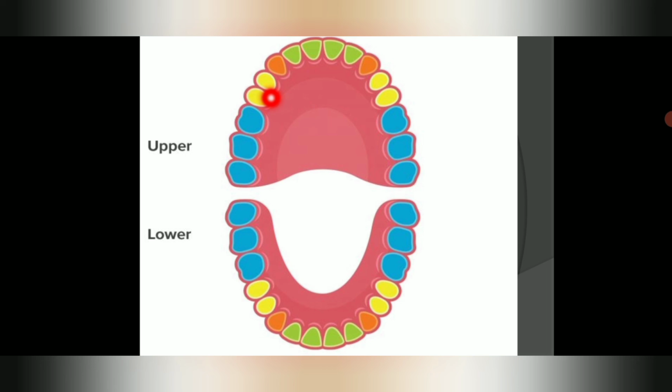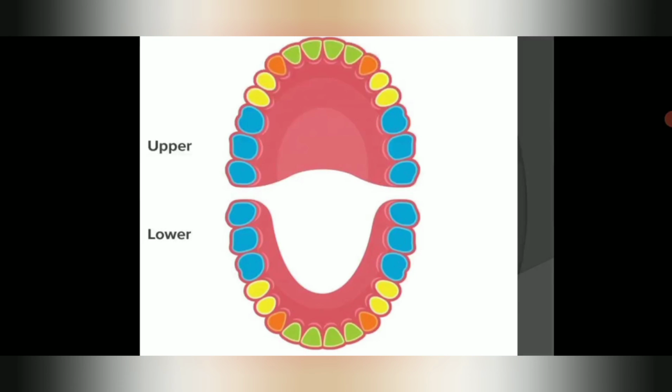And what about this yellow teeth on both sides, in both jaws? They are premolars. Very good. And these blue colored teeth, they are molars. So green incisors, orange canines, yellow premolars and blue molars.